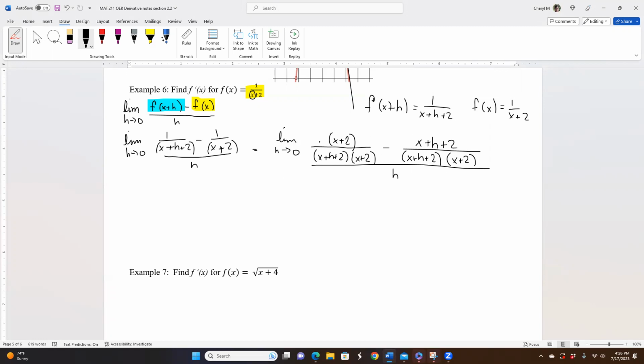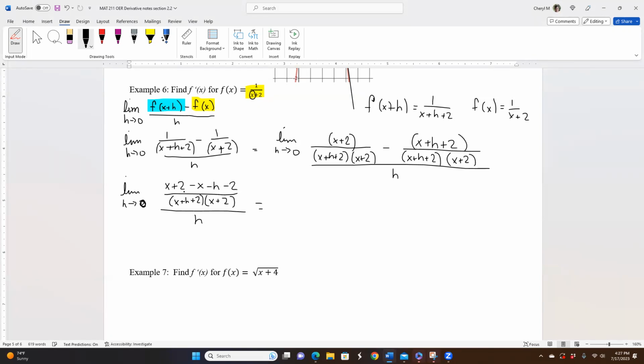Now we have to combine those numerators. In my first numerator, I have x plus 2, and from that I'm subtracting x plus h plus 2. This negative will be distributed to all three of those terms and will give me a minus x, a minus h, and a minus 2 over that common denominator, all over h.